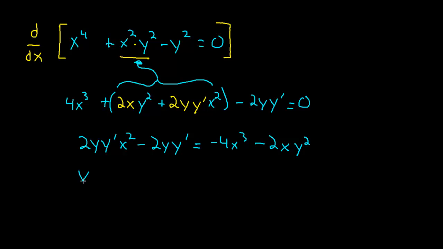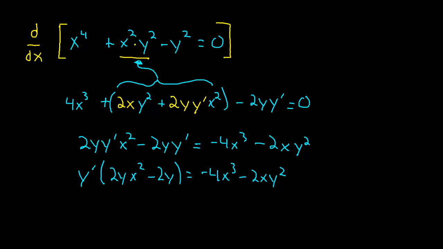Okay, factor the y prime out, and I have 2yx squared minus 2y, and this equals negative 4x cubed minus 2xy squared.